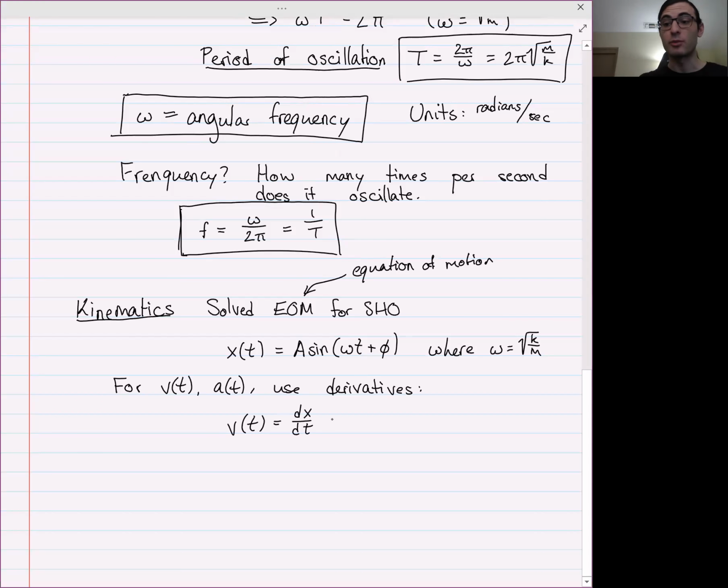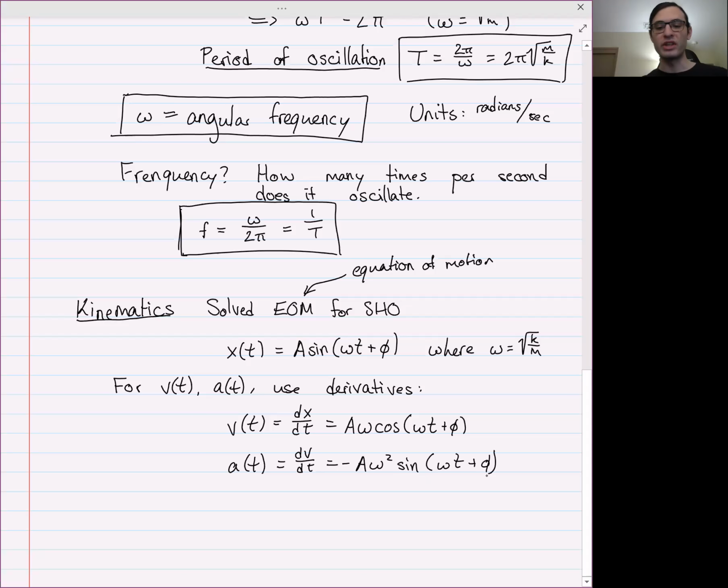And so we can take the time derivative of this function, x of t, and we get A omega cosine of omega t plus phi. And for the acceleration, you take 2 time derivatives of the position, or 1 time derivative of the velocity. And so this would be minus A omega squared sine of omega t plus phi.